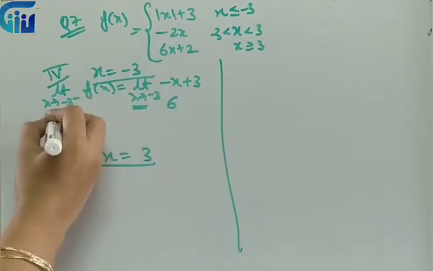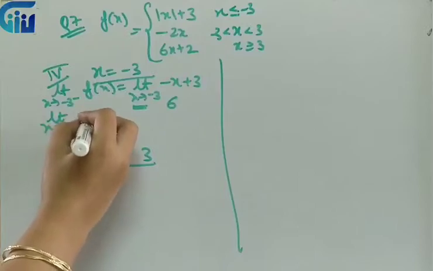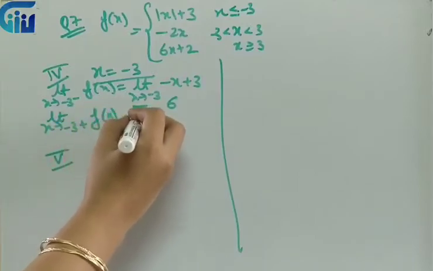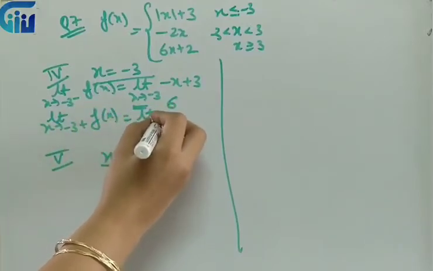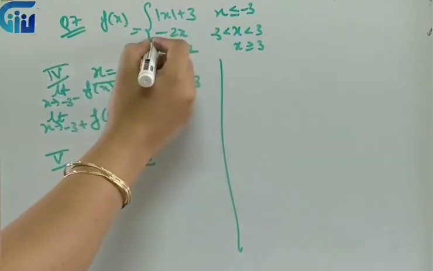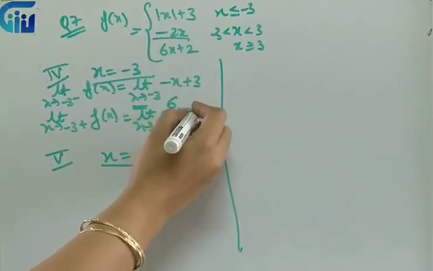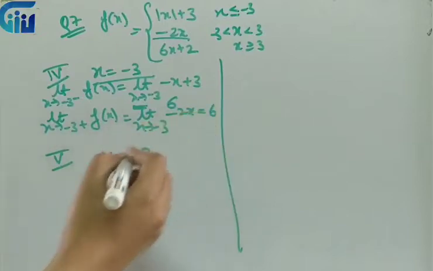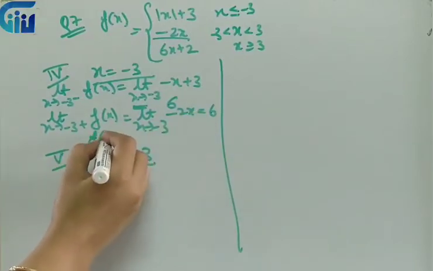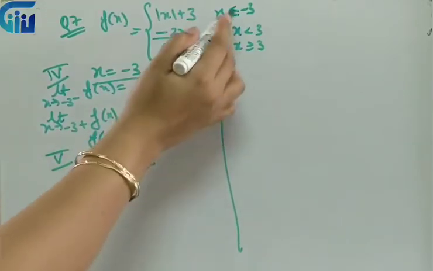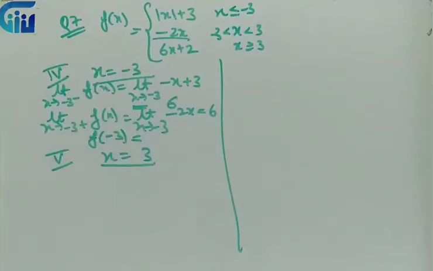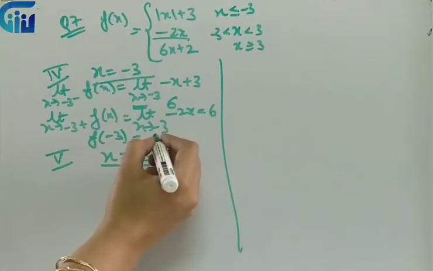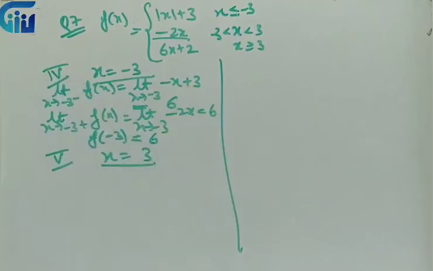Similarly, limit x tending to -3 plus means greater, so it is -2x. Again if I put -3, I will get 6. So f(-3), I will put in the function where I have the equal to sign, and again it will come out to be 6. All the 3 are equal. It means the function is continuous at x is equal to -3.